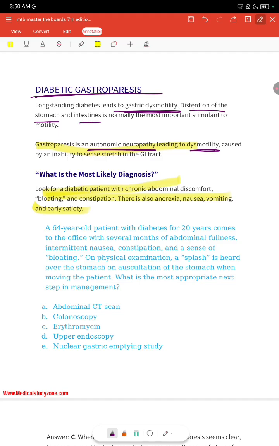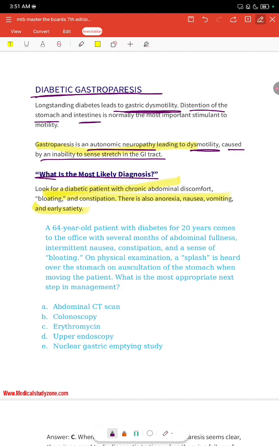It causes problems with the normal physiologic motility of the gut because of the autonomic neuropathy, caused by an inability to sense stretch in the GI tract. That's the reason it causes dysmotility, and the emptying of the stomach becomes slow, and distension of the stomach and intestines occurs. What is the most likely diagnosis?